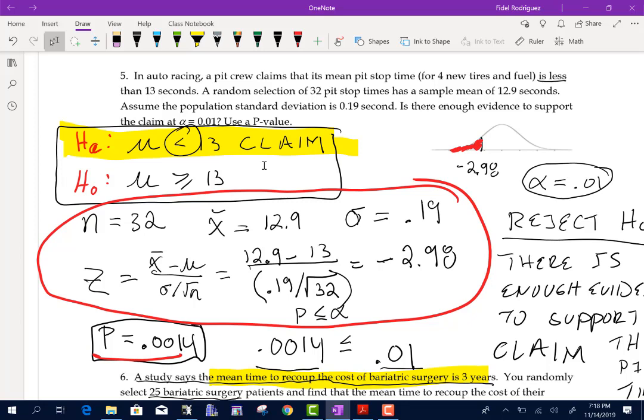It says at number 5, in auto racing, a pit crew claims that the mean pit stop time is less than 13 seconds. Okay, so guys, it told us right here that the mean, which was our mu, was less than 13, right? That happened to be our claim. And we said, what's the opposite of saying something is smaller than 13?